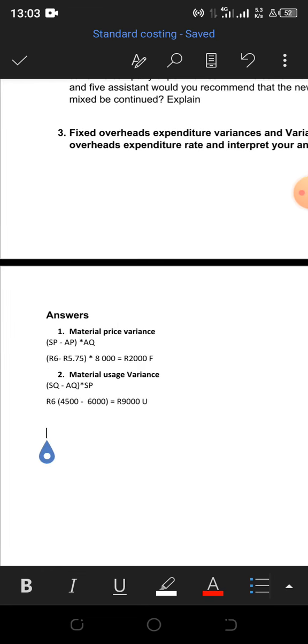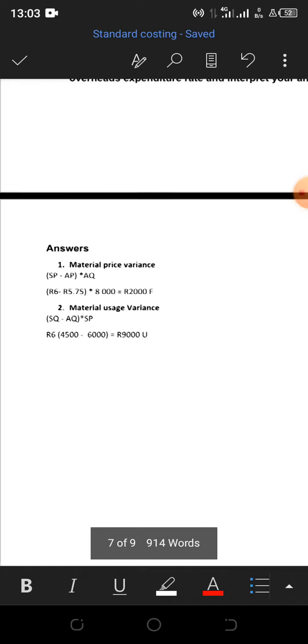Remember, in terms of the price, we were planning to purchase at 6 rand, but we ended up purchasing at 5 rand 75, which means that in this case you can say yes. Why? Because we purchase at a lower price. This material is cheaper than the price that we were planning to use for material.